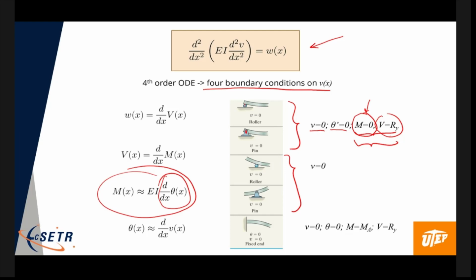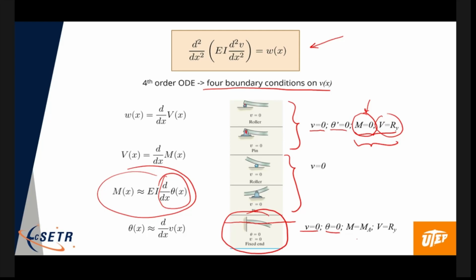Okay? Another case we might have is the beam could be fully fixed. And if it's fully fixed, in this particular case, not only is the deflection equal to 0, but the slope of the deflection curve at that wall is also equal to 0, right? You cannot have any rotation at the point where it meets the wall.